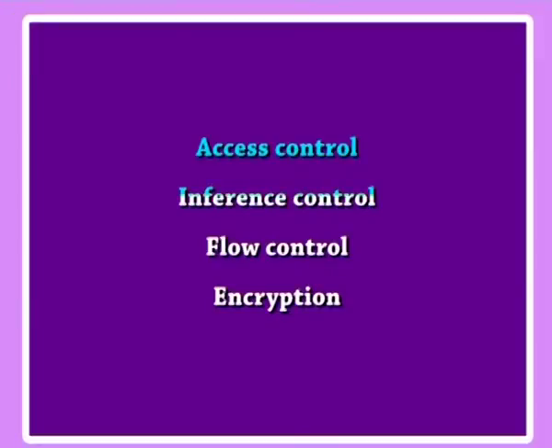To protect databases against these types of threats, 4 kinds of countermeasures can be implemented: access control, inference control, flow control and encryption. In a multi-user database system, the DBMS must provide techniques to enable certain users or user groups to access selected portions of a database without gaining access to the rest of the database.